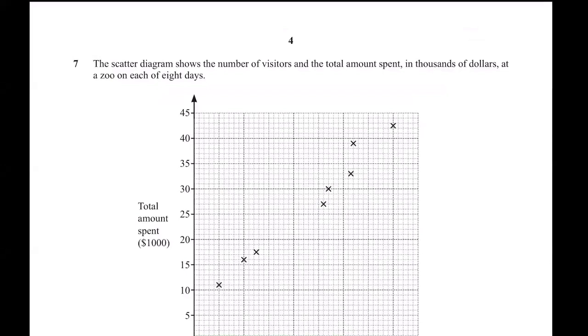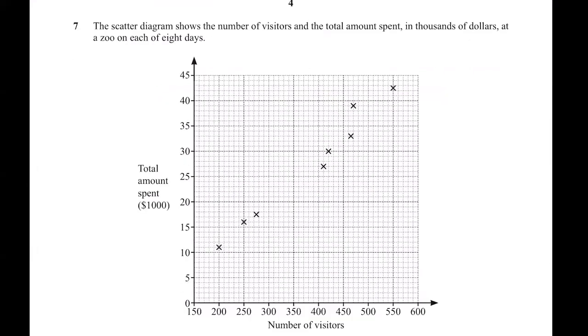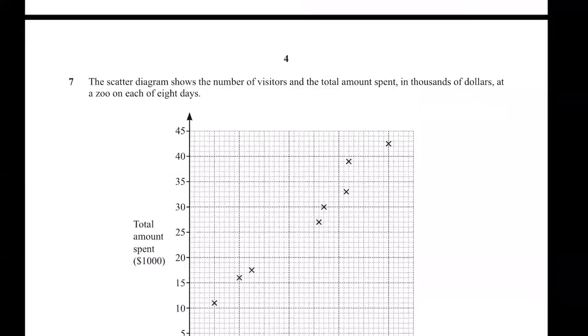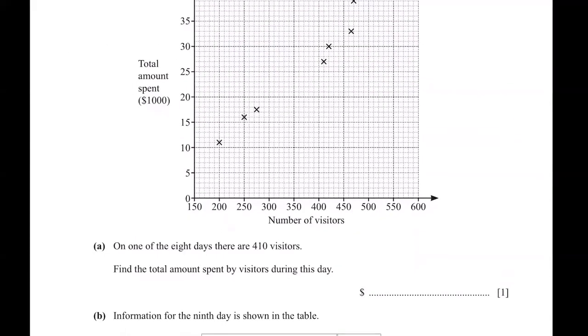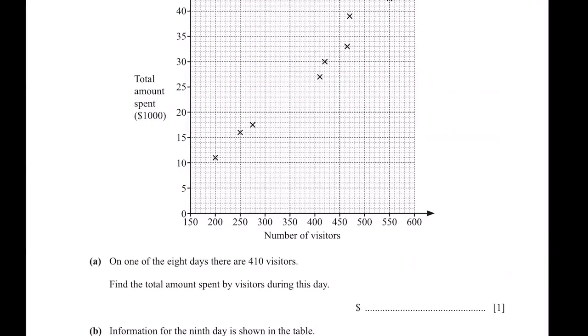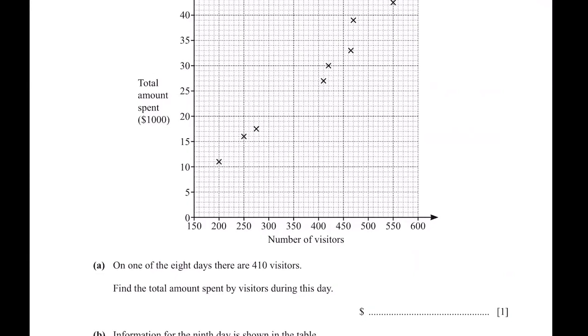The scatter diagram shows the number of visitors and total amount spent at a zoo each of 8 days. On 1 of the 8 days, there were 410 visitors. Find the total amount spent by visitors during the day. So 410 should be about here. It's an exact number, not an estimation, okay? So we need an exact number.